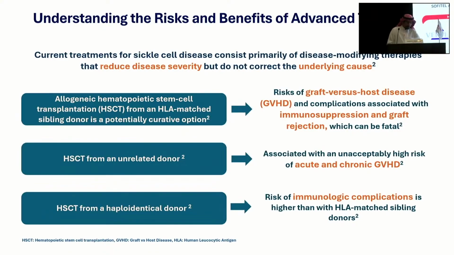Having said that, it is sometimes difficult to find a matched related donor for patients with hemoglobinopathies. And even if we find one, one of the complications of allogeneic stem cell transplant is graft versus host disease, which is a major concern for the patients. And this is increased if the patient has either an unrelated or haplo donor.